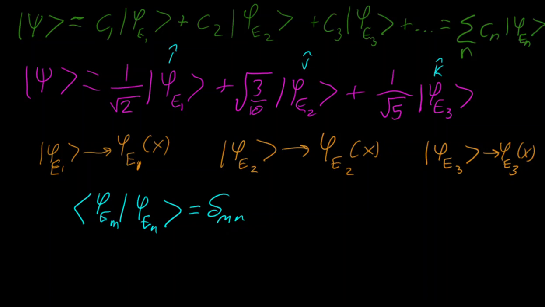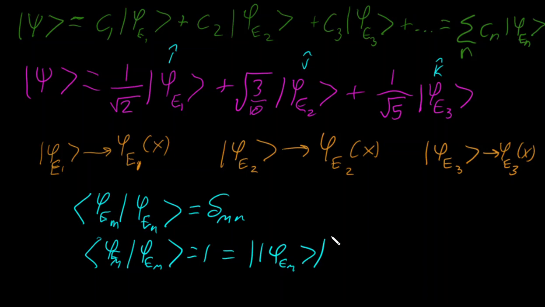Additionally, we know that the norm squared of phi sub EM is equal to 1. So each of these basis states actually has to be normalizable, which makes sense, because if you've got a 50% chance of being in the state with energy 1, that state should be a reasonable state.